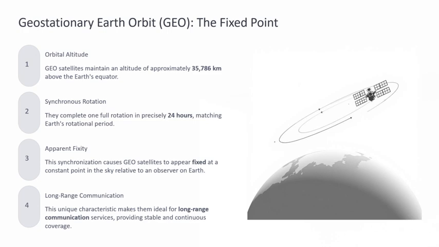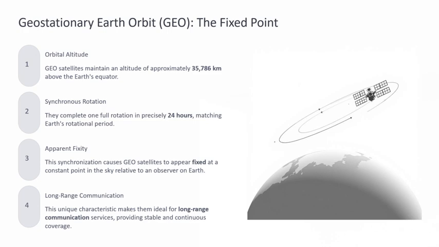Now we are going to discuss the geostationary Earth orbit, which is GEO. The most commonly used orbit for communication satellites is the geostationary Earth orbit, or GEO. A satellite in GEO appears stationary with respect to the Earth.